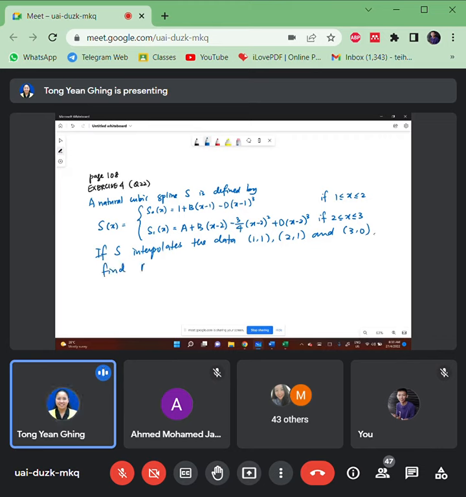Find B and D. How to do this? Do you have an idea how to do this one? We have unknowns A, B, D. There is no C. And now we have to find what B is and what D is.